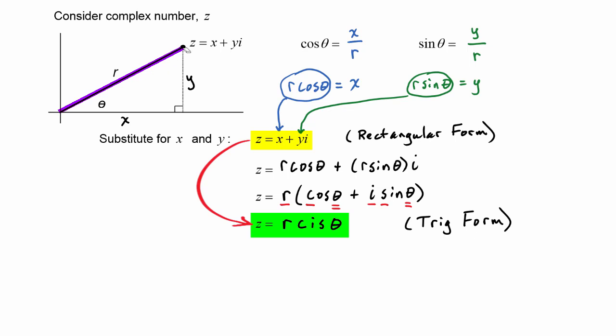That also gives us this complex number. It's two different ways of getting there. With the rectangular form, x plus yi, it says go over by x, up by y, and then draw the resultant. In the trig form, it says you're at an angle of theta and you go out a radius of r and you end up at the same point.